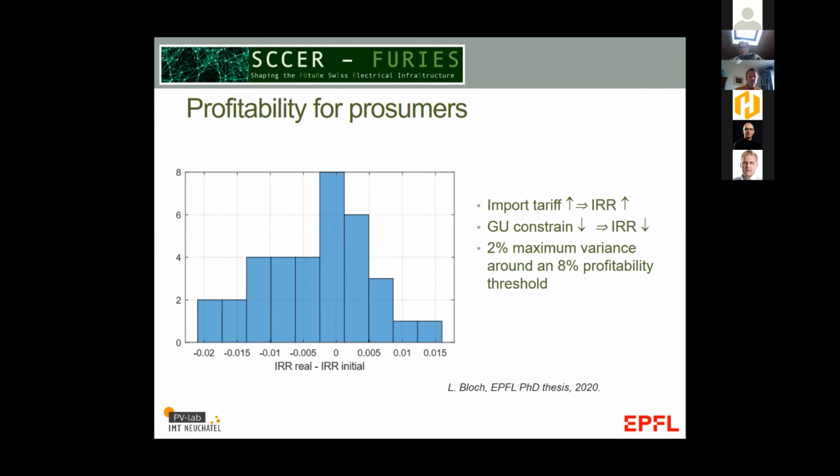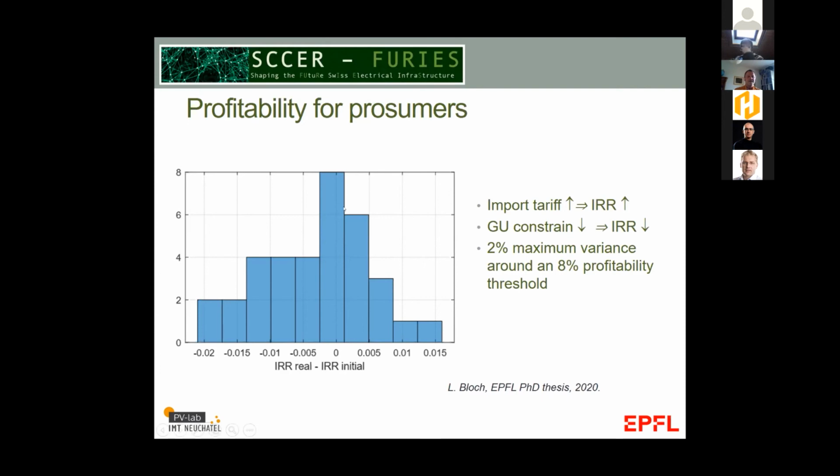What we present here is the real internal rate of return over the lifetime of the system, divided by the one that was computed in the first place when the system was installed. And we see that at the end, the profitability remains almost the same for all prosumers.